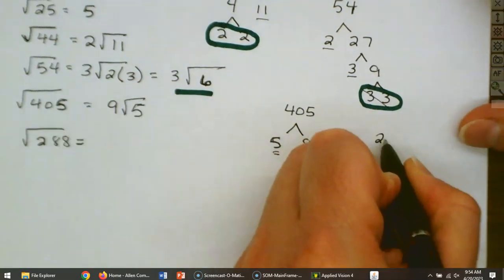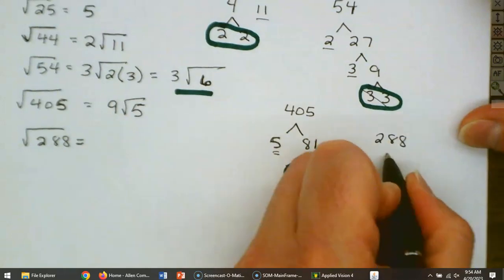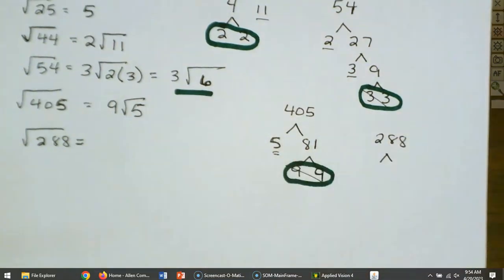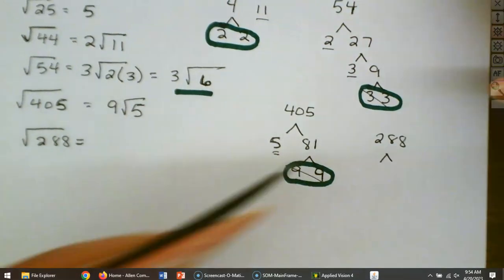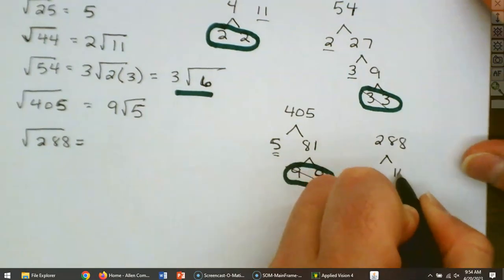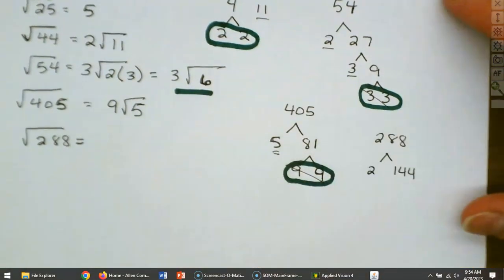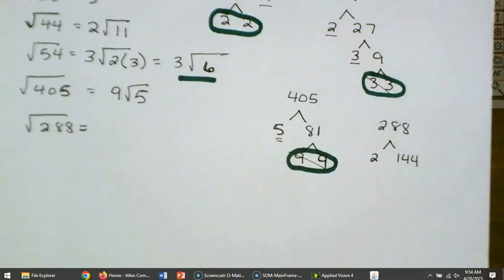So let's try 288. It ends in an 8. 8's an even number, so we can start with a 2. 2 and 144. Well, we're in luck because 144 is a perfect square of 12, right?